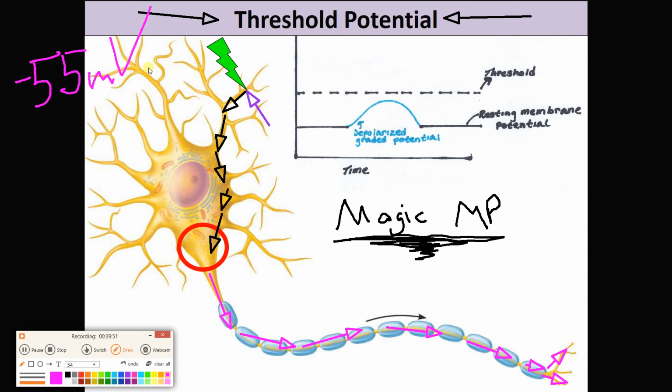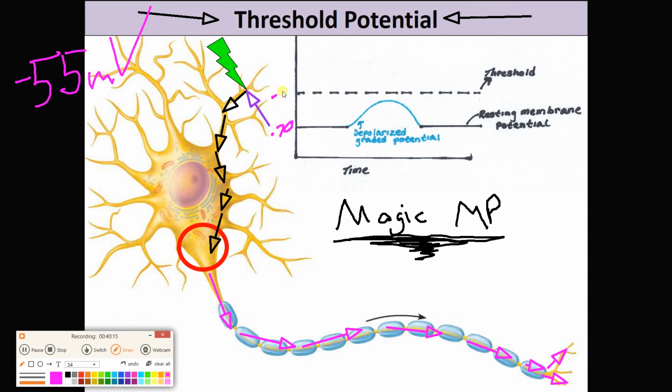So, if we depolarize our dendrite right here, that depolarization travels, and we get to the axon hillock. The axon hillock then depolarizes. And remember, the axon hillock will be at rest at first, so it'll be at negative 70.